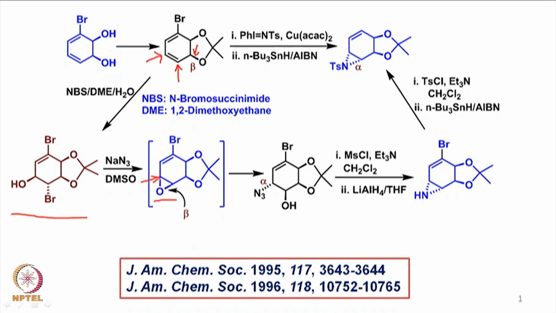And since this carbon oxygen bond of the epoxide is beta oriented, therefore the azide attacks from the alpha side, and one gets this azido alcohol of this kind here.